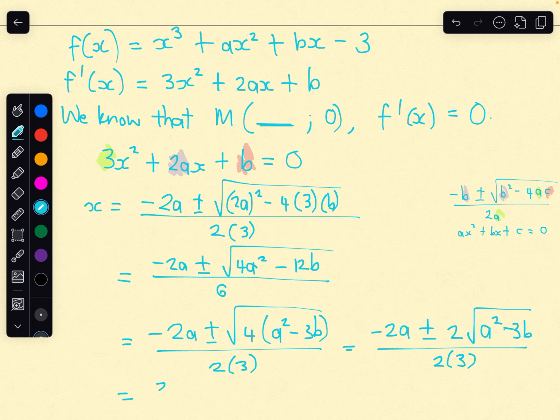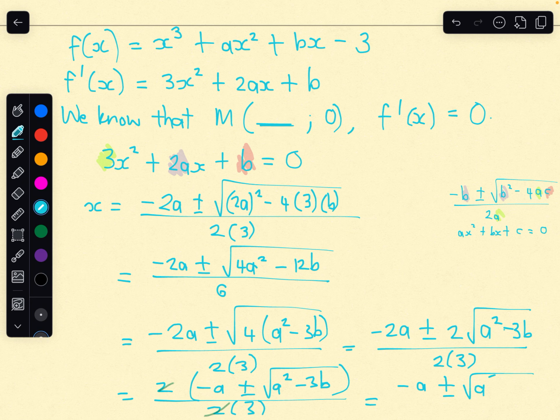So we can factor out the common 2. So we'll be left with minus a plus or minus the square root of a squared minus 3b, divided by 2 times 3. So now we can cancel these guys. So that is minus a plus or minus the square root of a squared minus 3b, over 3.